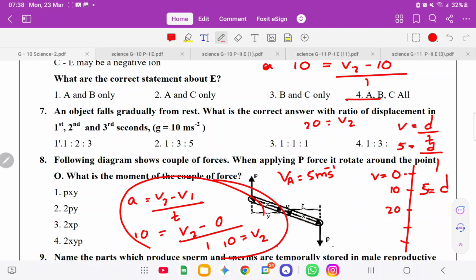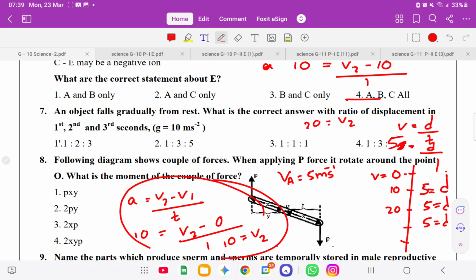What is the average? 20 plus 10 over 2 gives 15, and time is 1, so the displacement is 15. You can see the distances travelled each second.